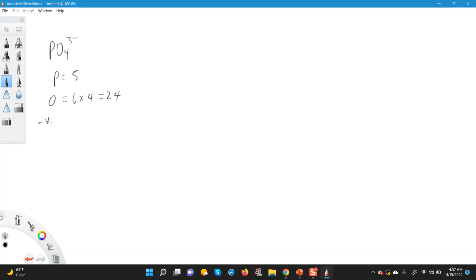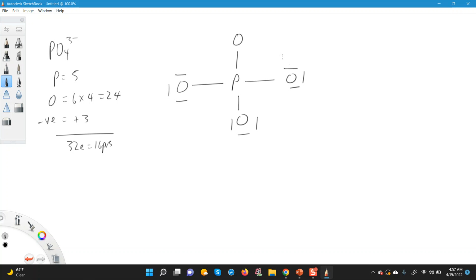And then the negative charge here would be plus 3. So this gives a grand total of 32 electrons, which is equal to 16 pairs. We put the phosphorus in the middle, surround it with the 4 oxygens. Then we put the bonding pairs, 1, 2, 3, 4. Then the non-bonding pairs, 5, 6, 7, 8, 9, 10, 11, 12, 13, 14, 15, and 16.